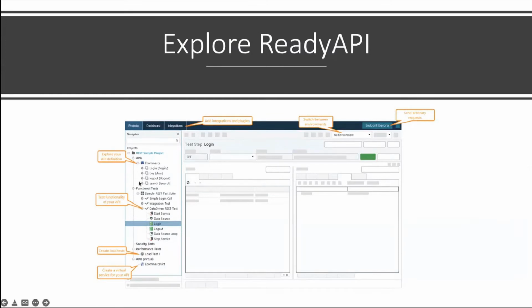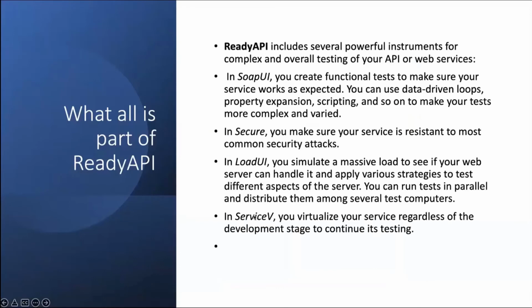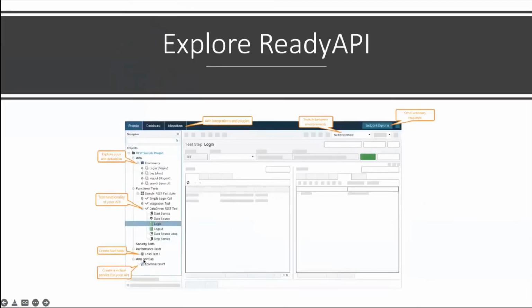Now, depending on type that you are going to use, your navigator or project explorer provides you following options for every project that you create. First is API, then you have functional test, then you have security test, you have performance test, and you have virtual APIs. And this is what is Service V. It is provided by Service V component.